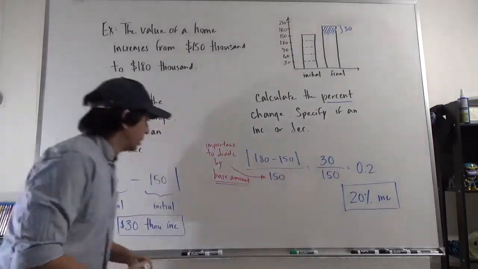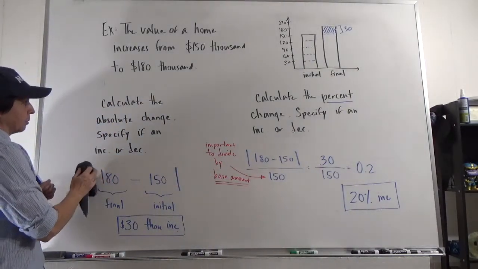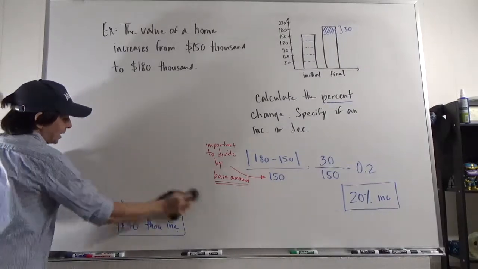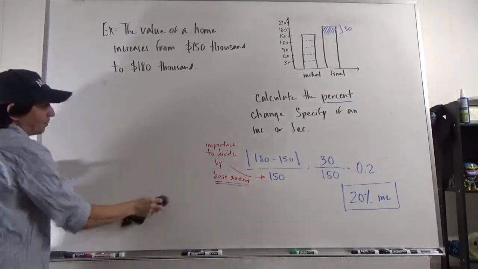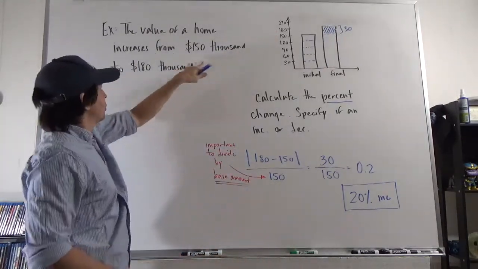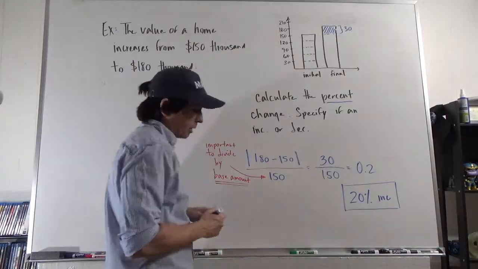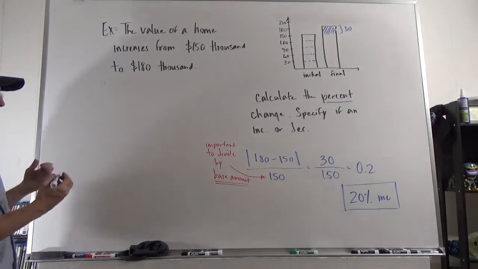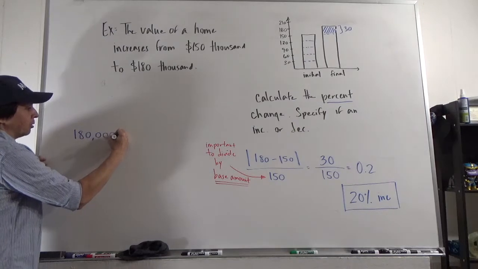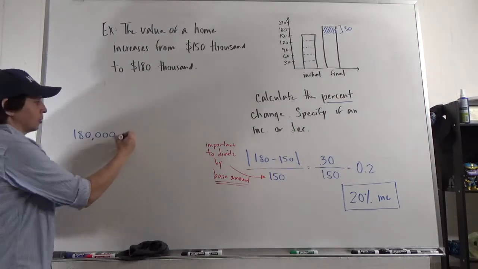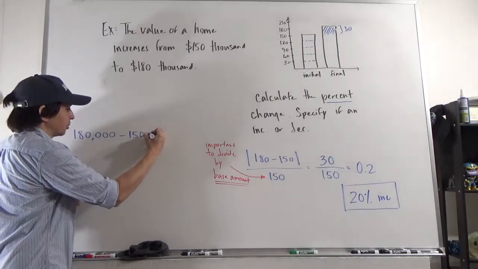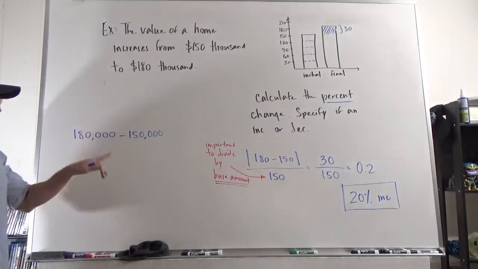Okay, real quick, you don't have to write this down. I've been using 180, 150, 30, but these are technically thousands of dollars. 30 is not the same as 30,000, so if you were to use the full standard form of these, $180,000, don't write this down, I don't want you messing up your notes with it. Just make a note of it if you're curious about it. Minus 150,000.